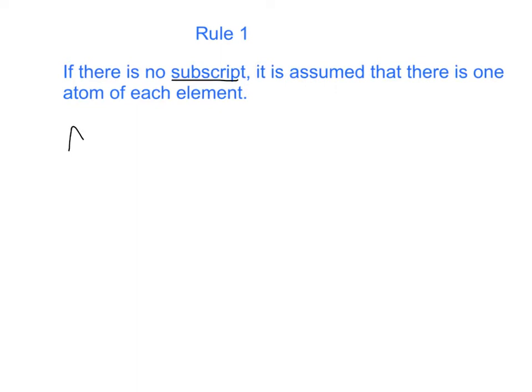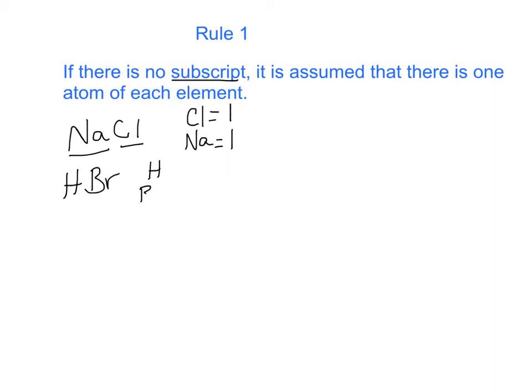So some common formulas would be sodium chloride, and so what we would do is make a list. So we have chloride and sodium, and it's going to be assumed that there's one atom of each element. So there's one sodium and one chloride, and so we'd write a 1 and a 1. Some other formulas could be hydrogen bromide, and so again, making our list, it's really important to do.